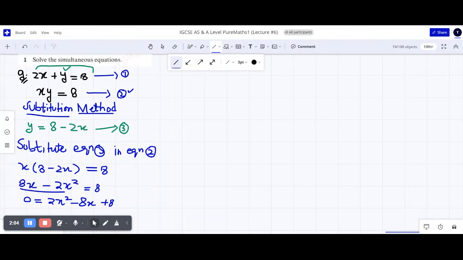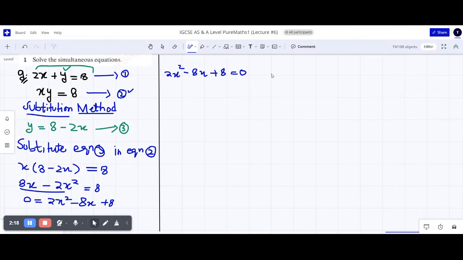After that, we can write this equation again as 2x squared minus 8x plus 8 equals 0. As we know that 2 is common, let's divide the equation by 2. Then the 2 and 2 will cancel out, so only x squared minus 4x plus 4 equals 0 is left.